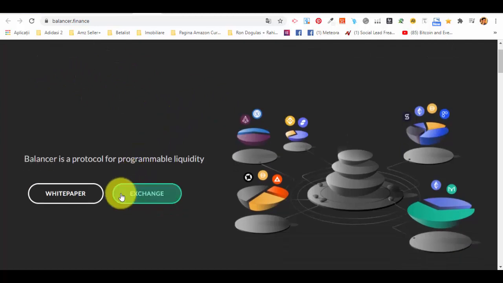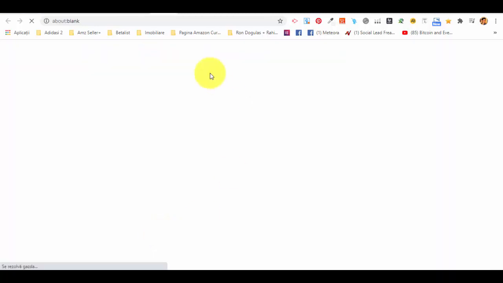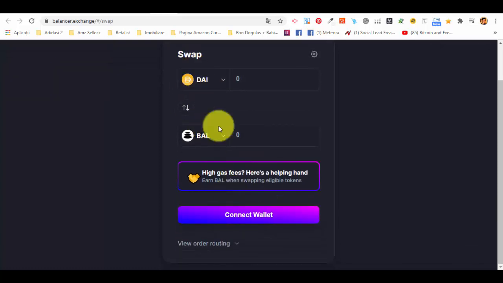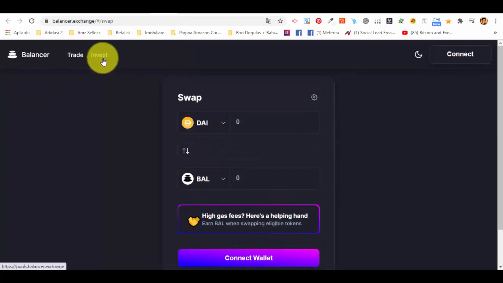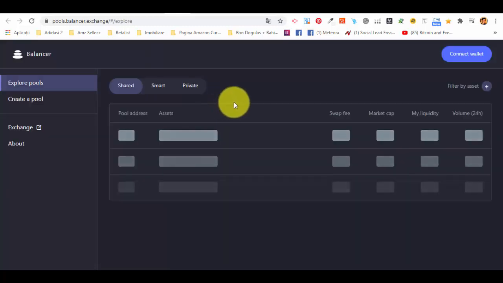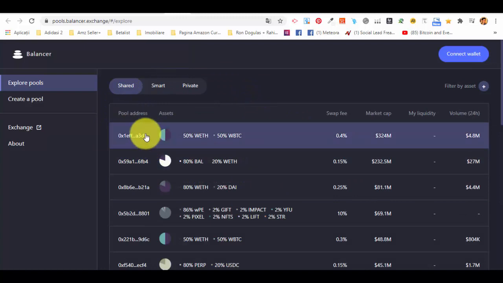In Balancer, if you have a look at the exchange, you can basically just swap between coins, and if you want to invest, you just click on the invest button and you are going to see a lot of pools that were created.